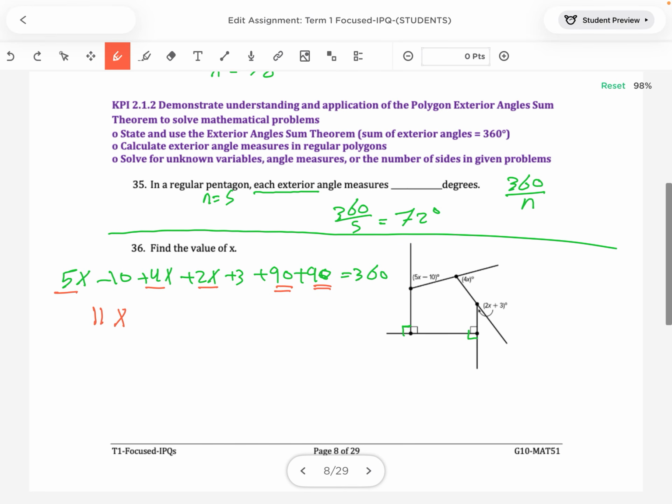We have 90 plus 90 plus 3 minus 10, that is equal to 173. 11x equal to 360 minus 173, sending it to the other side. So 11x will be 187, over 11 over 11. X will be 17.